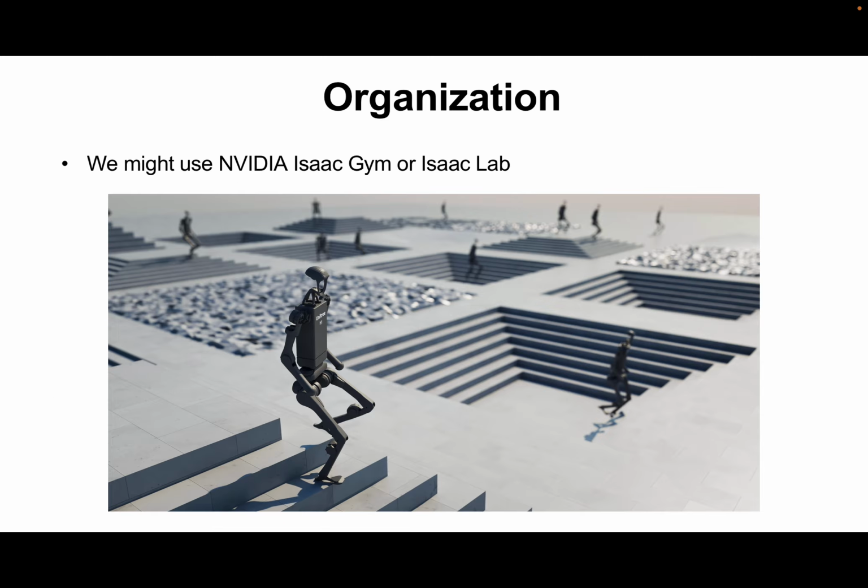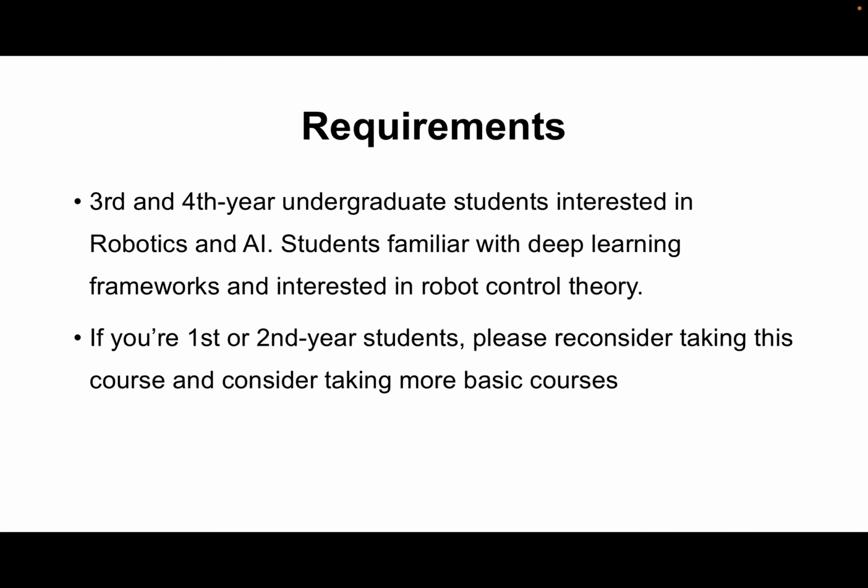And this is just a screenshot of Isaac Lab from NVIDIA, the most widely used physics simulator. And as I said, this course is for 3rd or 4th year undergraduate students interested in robotics and AI, students familiar with deep learning frameworks and interested in robot control theory.